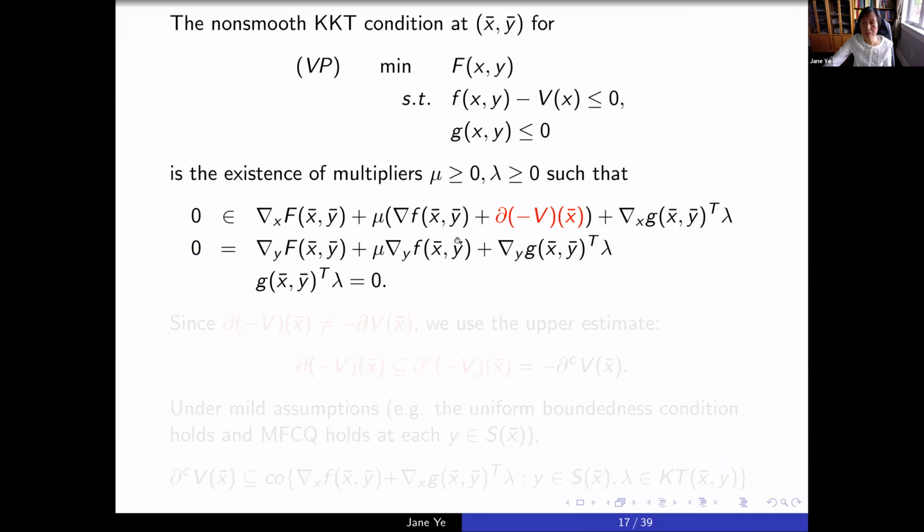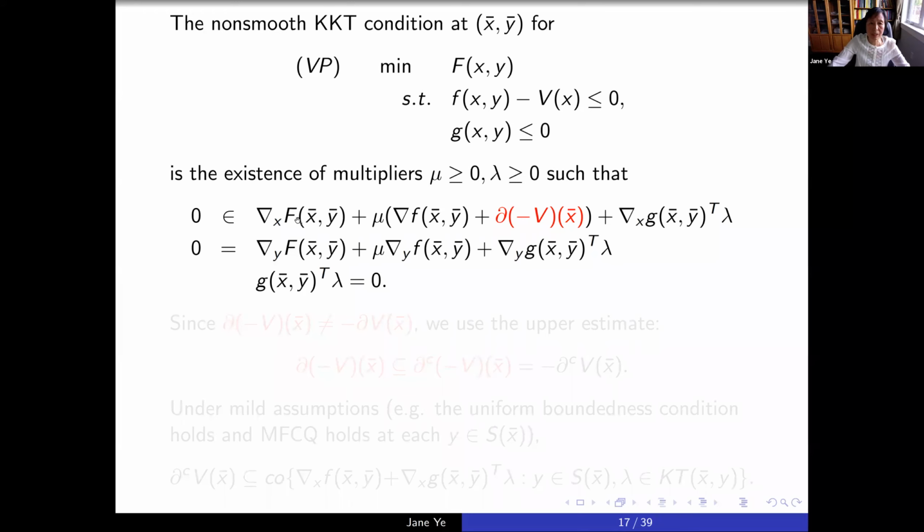Now we can go back to the value function reformulation, right? This is a reformulation of the original bilevel program. Remember everything else is smooth, so the only non-smooth term is the value function. Suppose you have a constraint qualification, then what is the KKT condition?